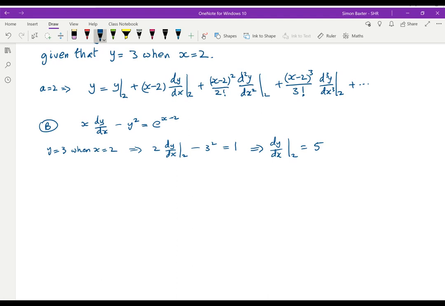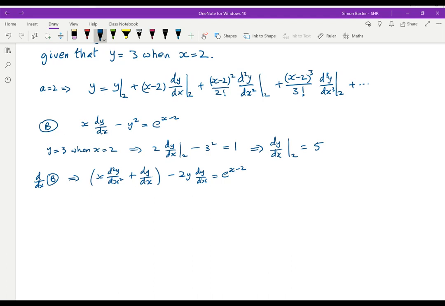As before, we need to differentiate now to get to the next derivative. So if we differentiate, first one's a product, x dy by dx, differentiate the dy by dx, gives me d2y by dx squared, plus dy by dx, differentiate x, minus differentiating y squared, 2y dy by dx, differentiate e to the x minus 2 is e to the x minus 2.